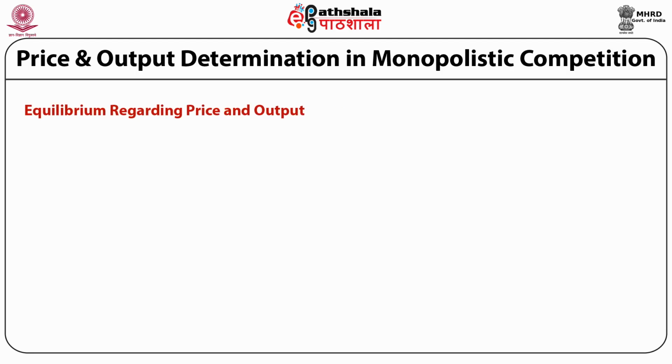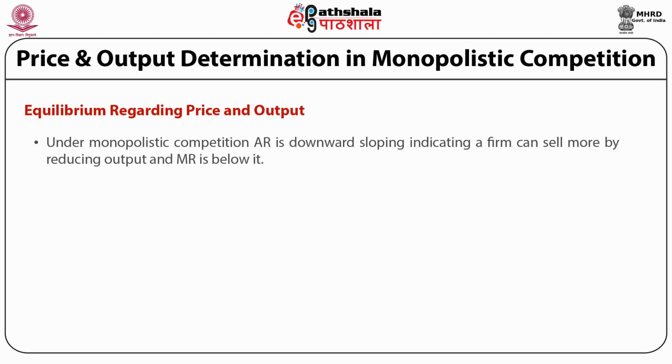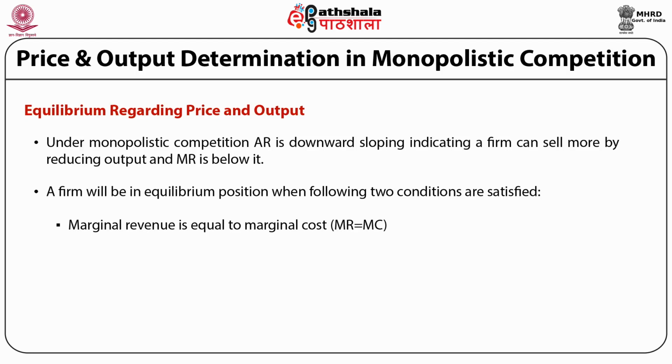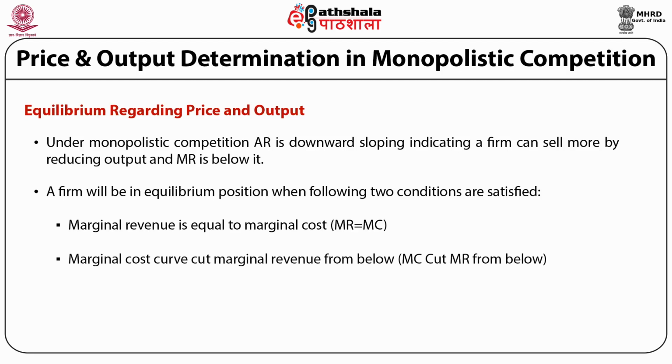Equilibrium regarding price and output. Under monopolistic competition, AR is downward sloping, indicating a firm can sell more by reducing price, and MR is below it. A firm will be in equilibrium when two conditions are satisfied: marginal revenue equal to marginal cost, MR equals MC, and marginal cost must cut MR from below.